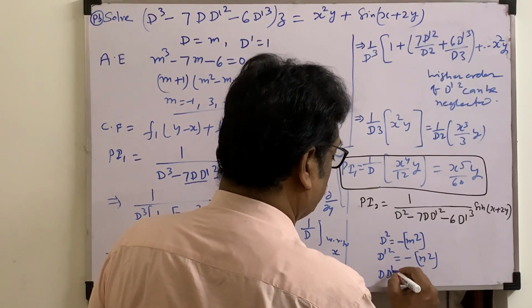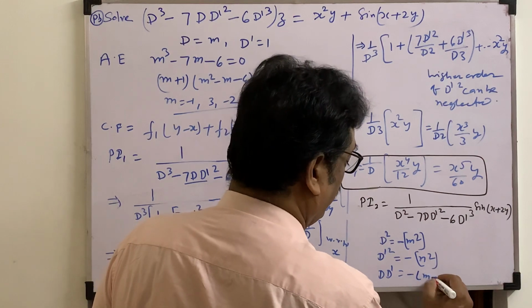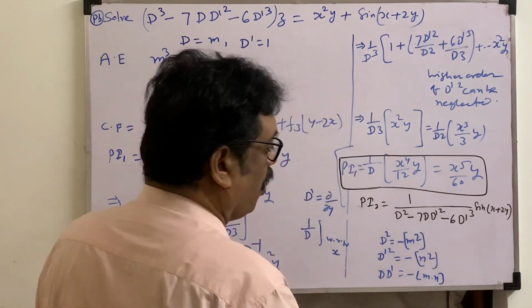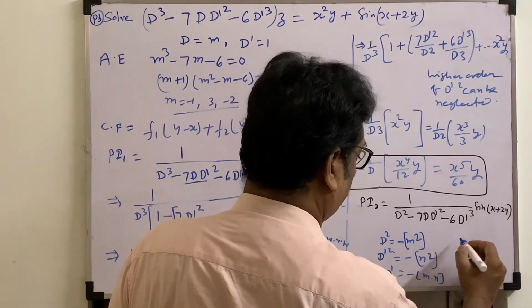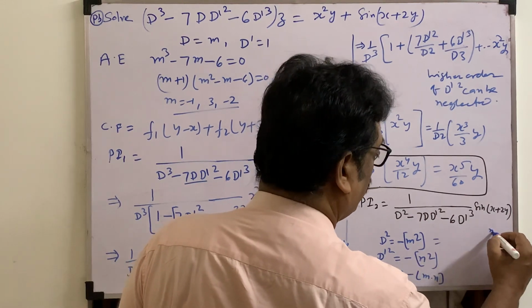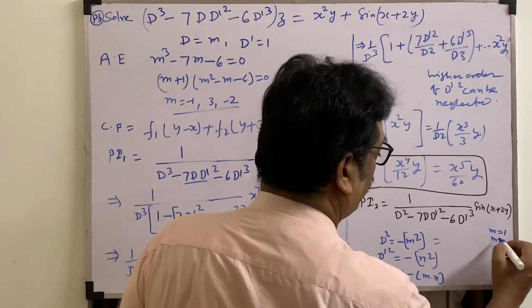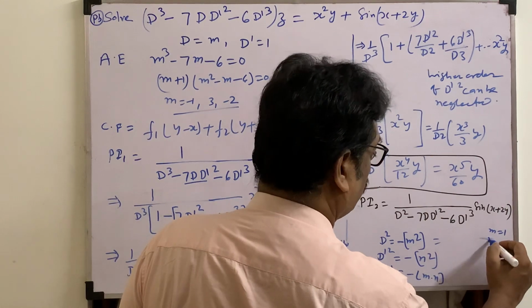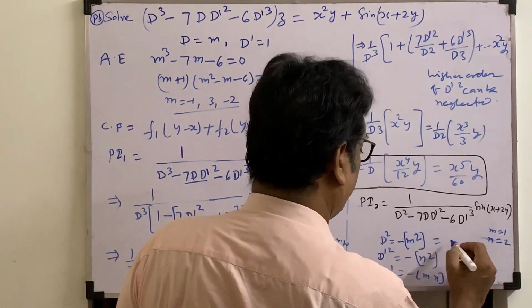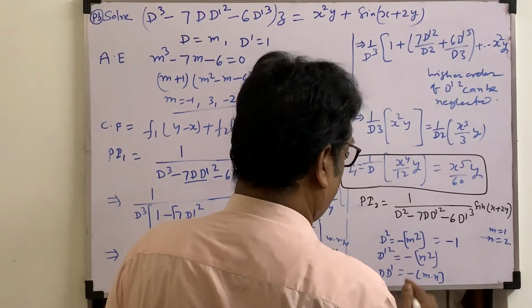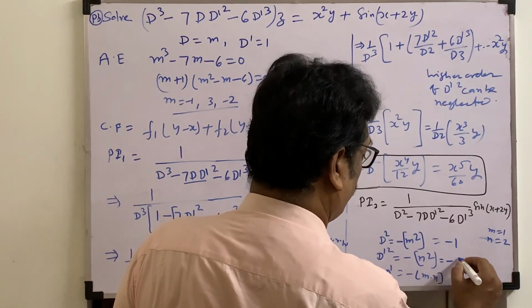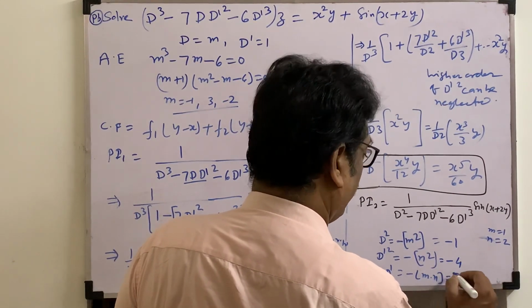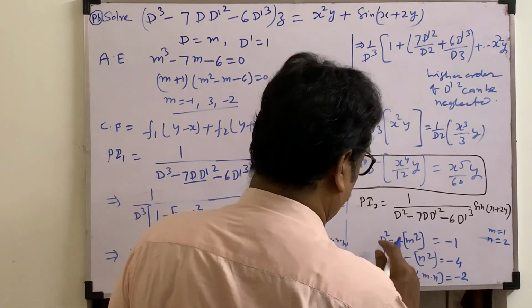Then D D dash is equal to nothing but minus m into n. So what is m here? m is equal to 1, as given, and n is equal to 2. So what do we write here? Minus 1, minus n square is minus 4, and D D dash is minus m n, minus 2. So this value I know.